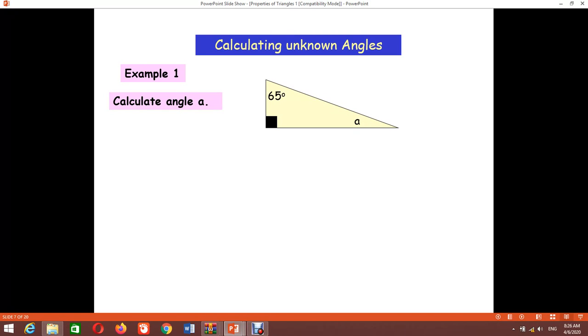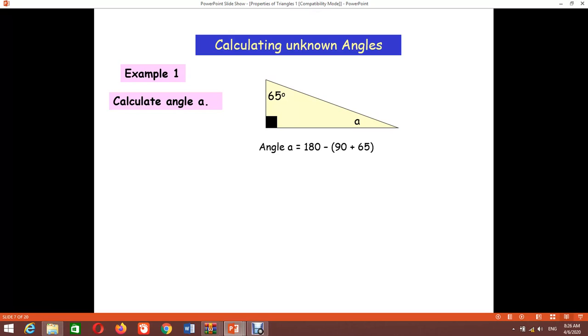On this screen, we can see a right angle triangle. Inside the right angle triangle, we have the angle A, which we don't know, followed by 65 degrees, and then the right angle, which represents 90 degrees. And we are tasked to calculate angle A. How do we calculate angle A?